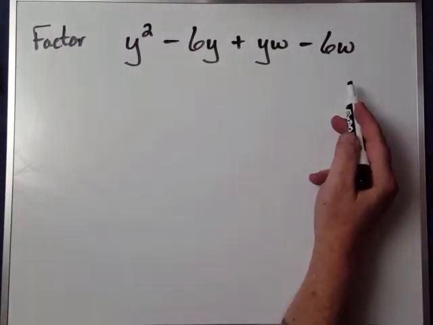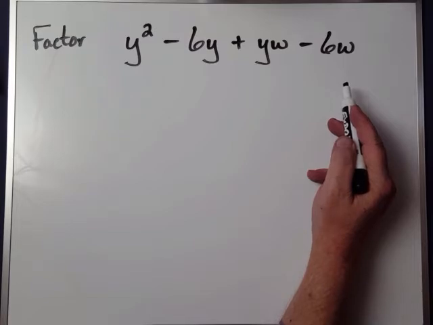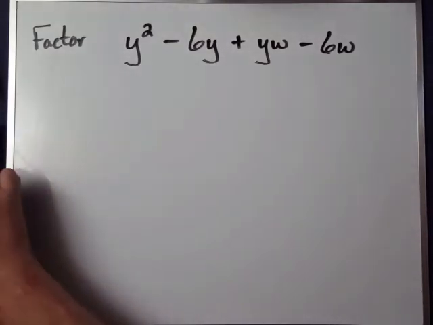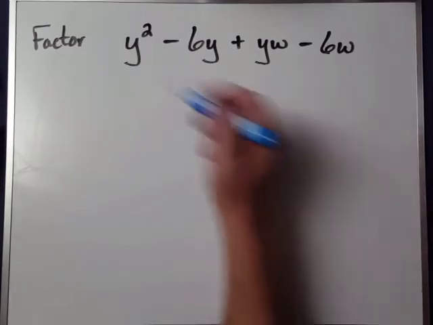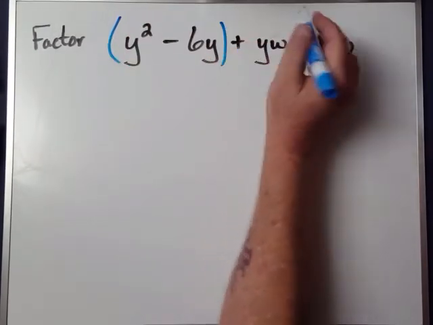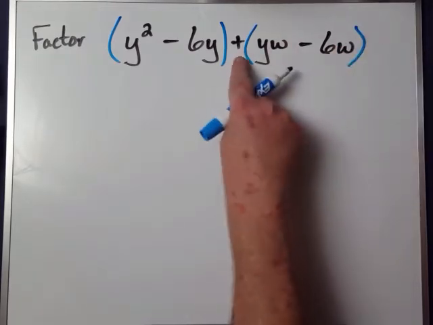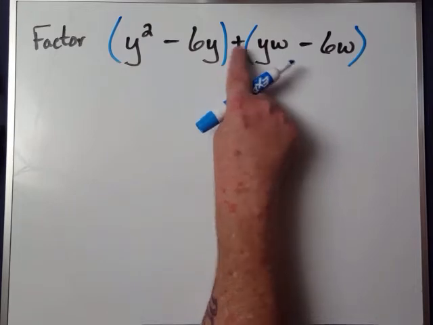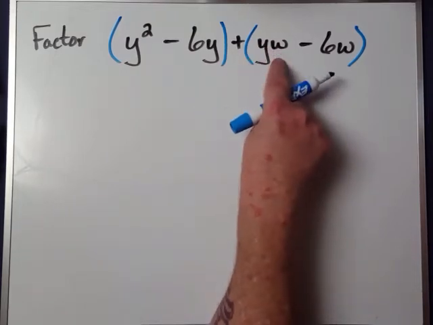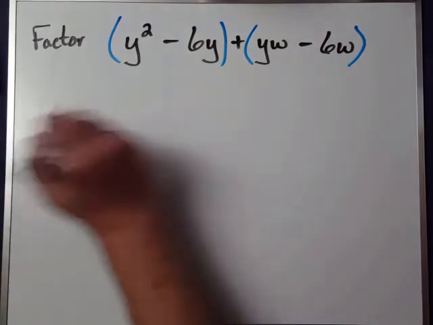I see 4 terms, so whether she has said factor by grouping or I have said factor, seeing 4 terms, we should know this is factor by grouping. Group the first pair. Group the last pair, which we're okay to do because that's a plus in the middle. I can group with respect to addition. I don't have to make my 2 marks to keep a negative with that third term this time.